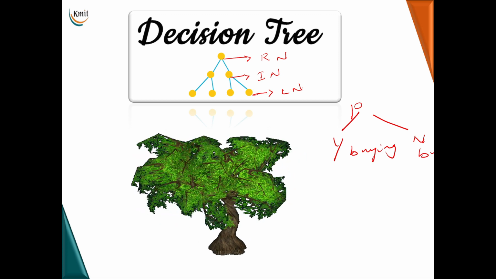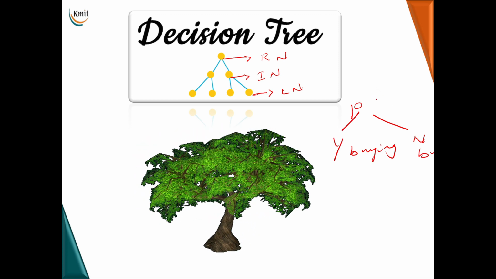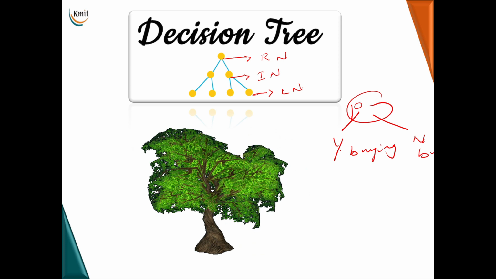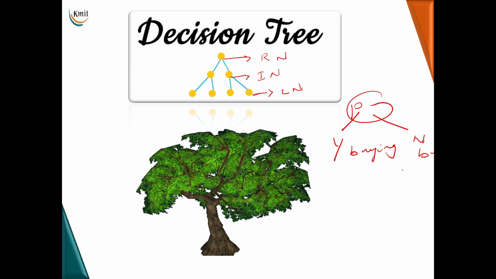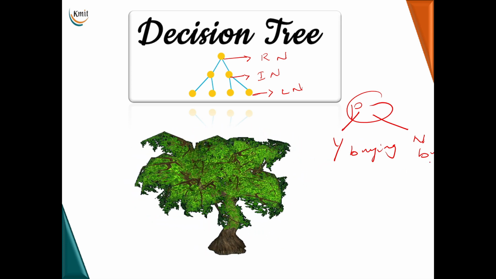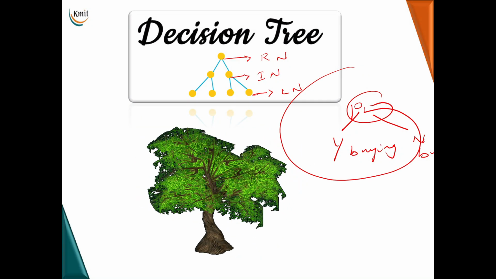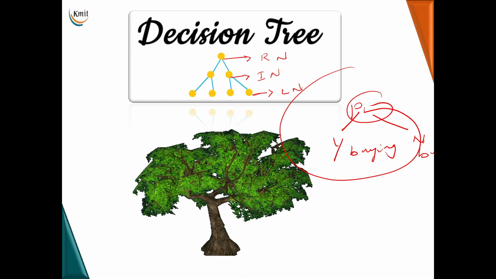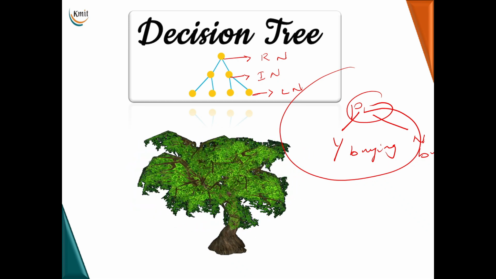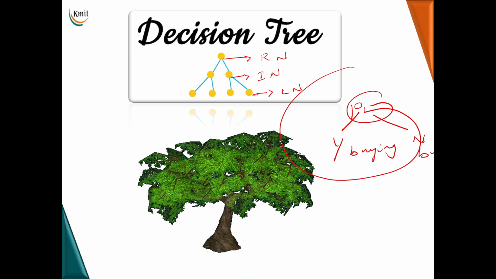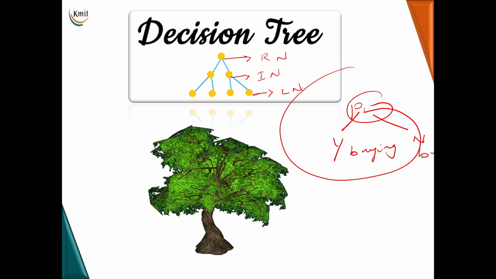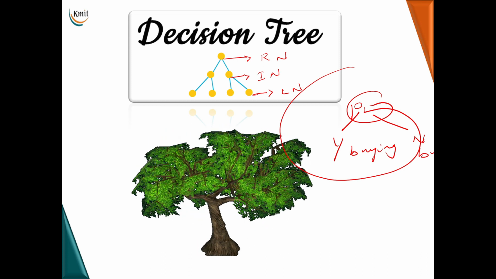For the same pen, I have another scenario where I am not buying. So for the same pen, yes, I am buying, or no, I am not buying. This is nothing but a tree. If you see all this, you can simply understand the structure. Even a layman, a human being who doesn't have any understanding about it, can understand whatever I am telling.